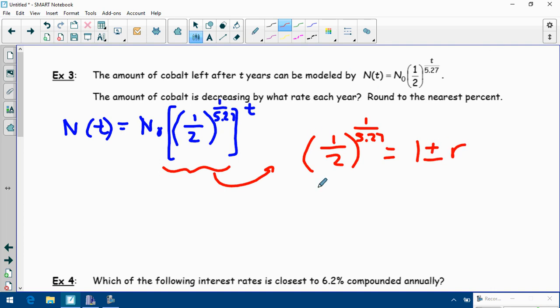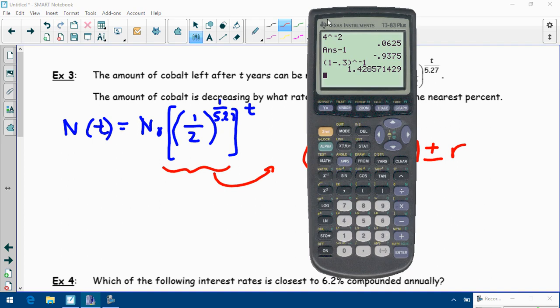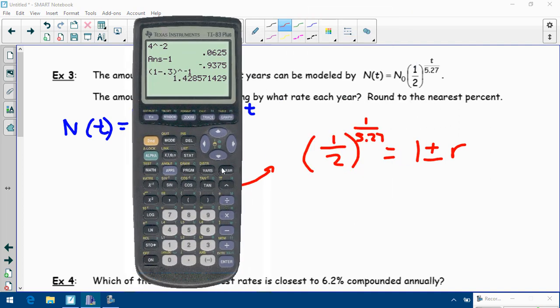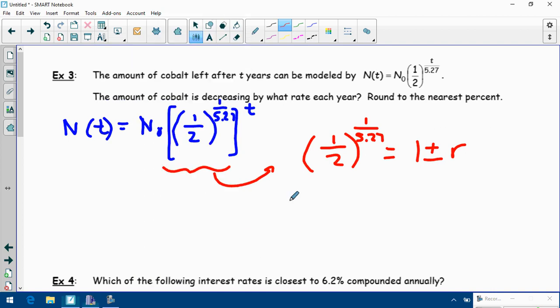Next step, figure out what this number actually is. So we've got parentheses 1/2 raised to the, and if you've got an old calculator, this needs to be in parentheses also, so that it's all in the exponent. And I get 0.8767 and so on equals 1 plus or minus r.